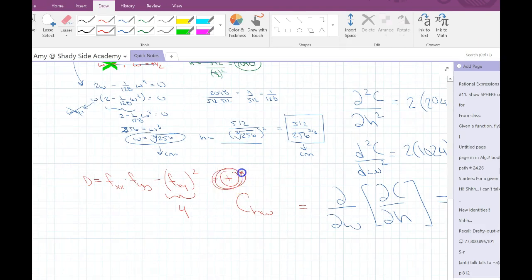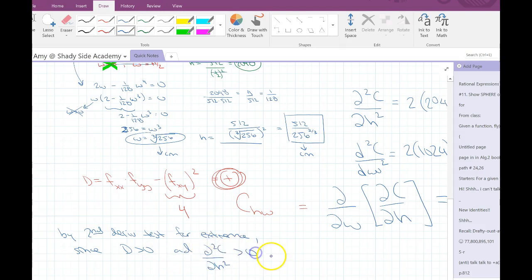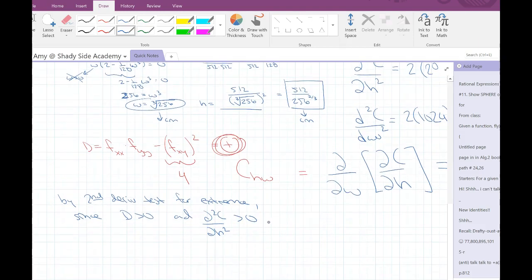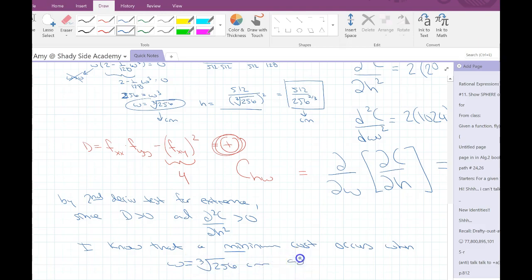But this outcome tells me, by the second derivative test for extrema, since D is positive and d squared c by dh squared is positive because h, after all, I'm treating as x, I therefore know that a minimum cost occurs when w equals the cube root of 256 centimeters and h equals 512 over 256 to the 2/3 centimeters.